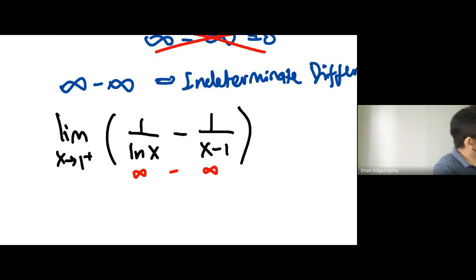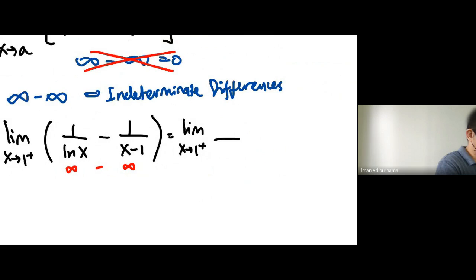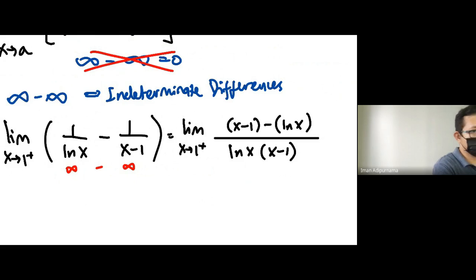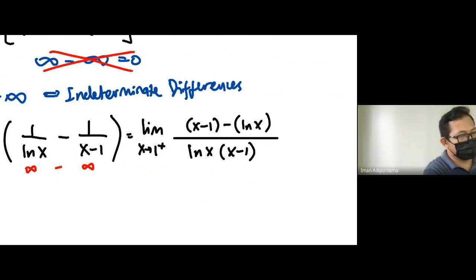We make a common denominator, which means we can conjugate both functions. So we can rewrite the form. And when we see the form, we know that this is still 0 over 0, right?